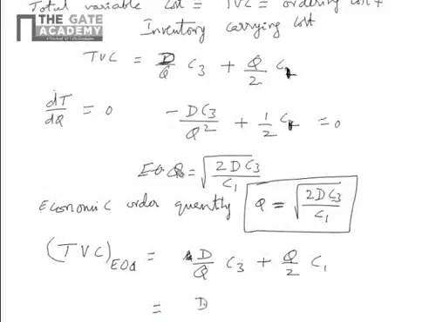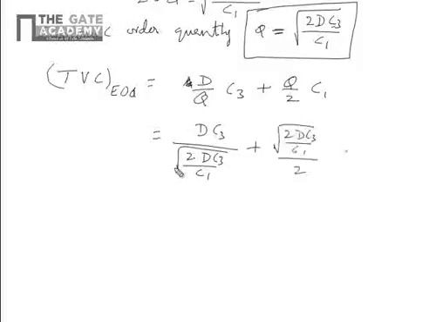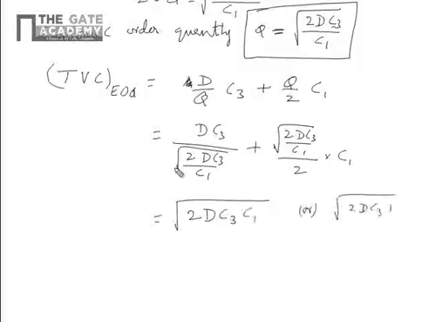So then you will get the square root of 2DC3C1, or root of 2DC3PI. This is the total variable cost at economic order quantity.